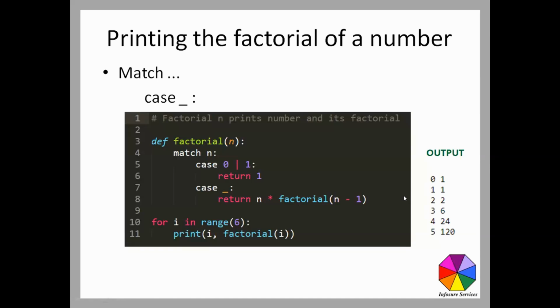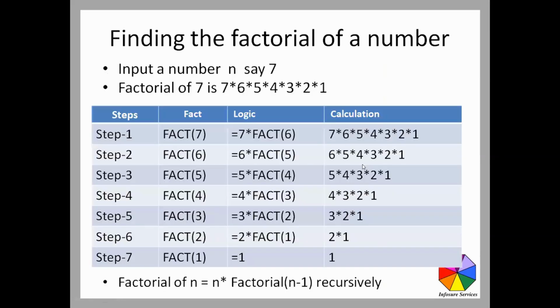So let me come back here. The lower part, step 1 to step 7, need not go through some recursive calls. Like step 7 here is directly 1. I don't have to put in the calculation of factorial 1 and then go to 0 and all that.